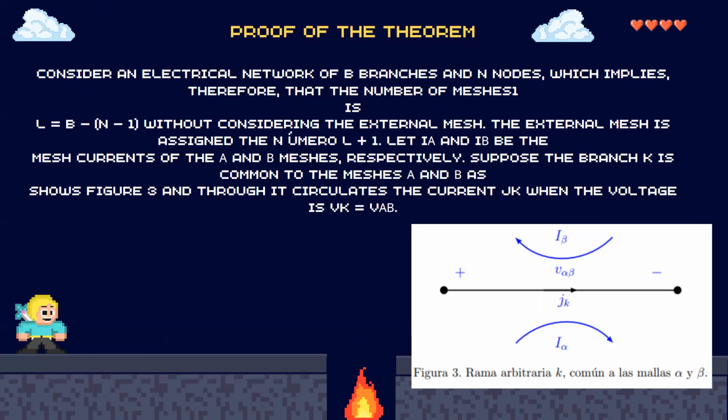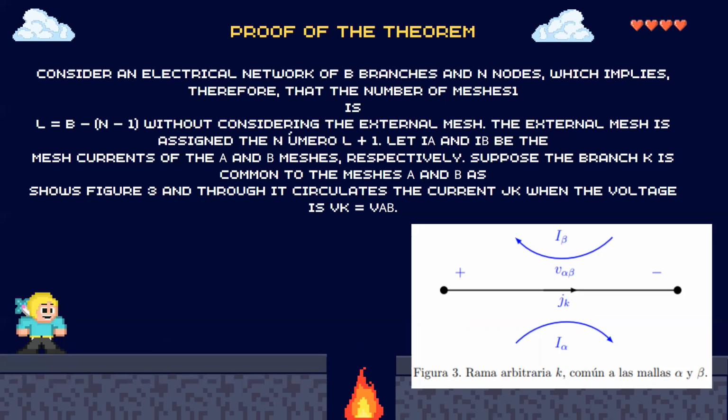Without considering the external mesh, the number L plus 1 is assigned. Let IA and IB be the mesh currents of the A and B meshes, respectively.